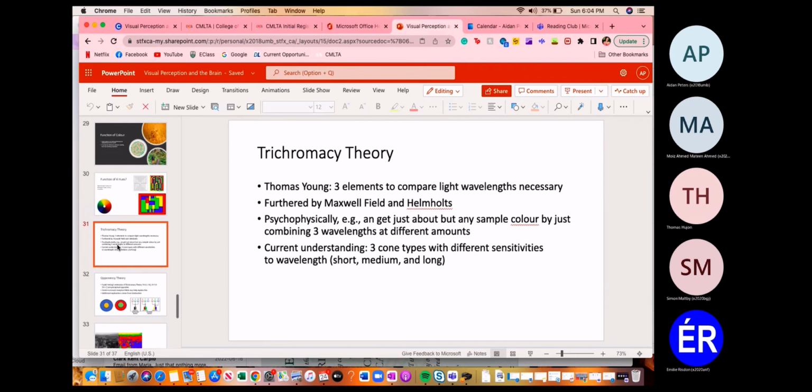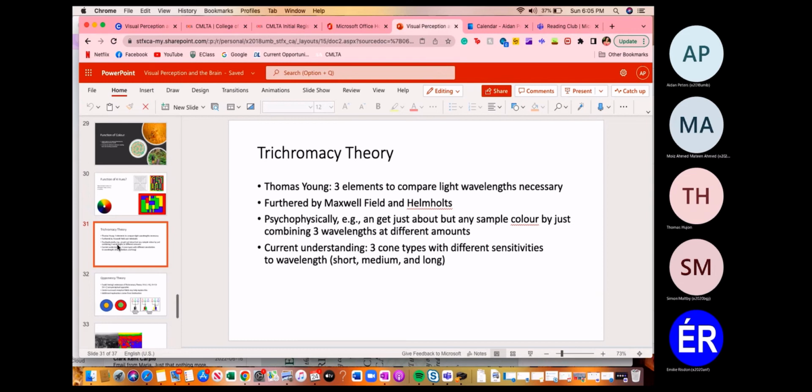If you manipulate the long wavelengths in some patch, you're going to get something that becomes redder and redder as you add the long wavelengths. If you add more medium, it's going to be perceived as more green. And as you add more short wavelengths, it's going to become more blue. Of course, you have to take away the other wavelengths. But in any case, you only really need three, and you can allow people to perceive just about any color.